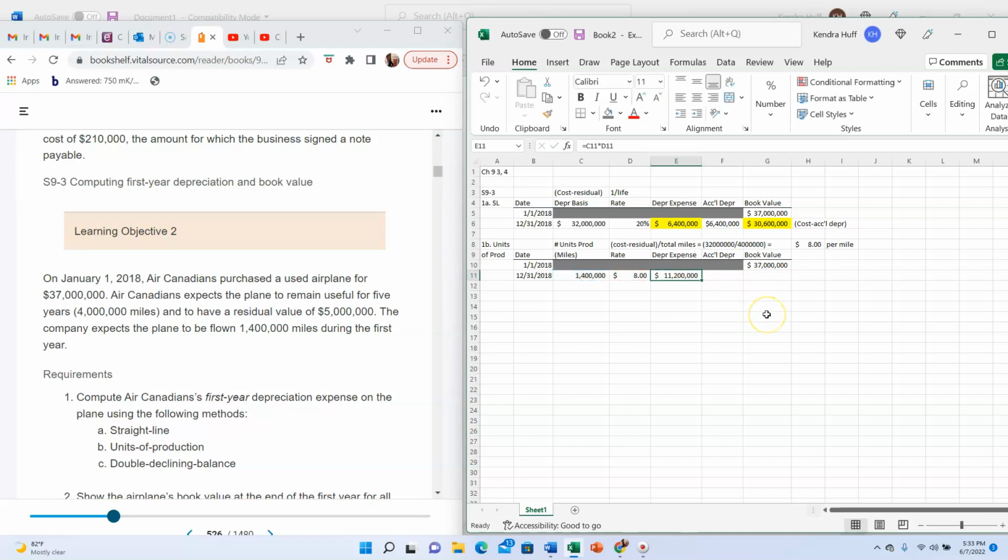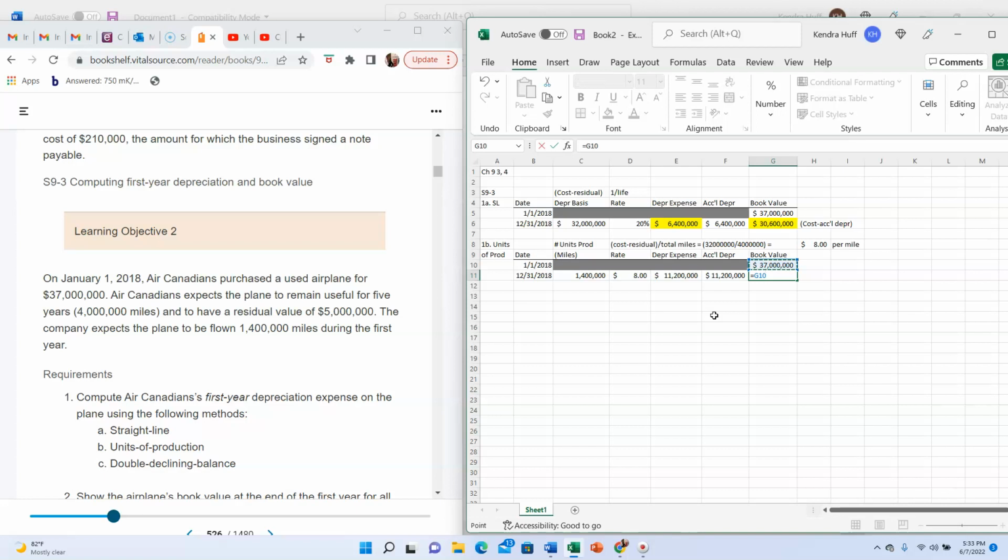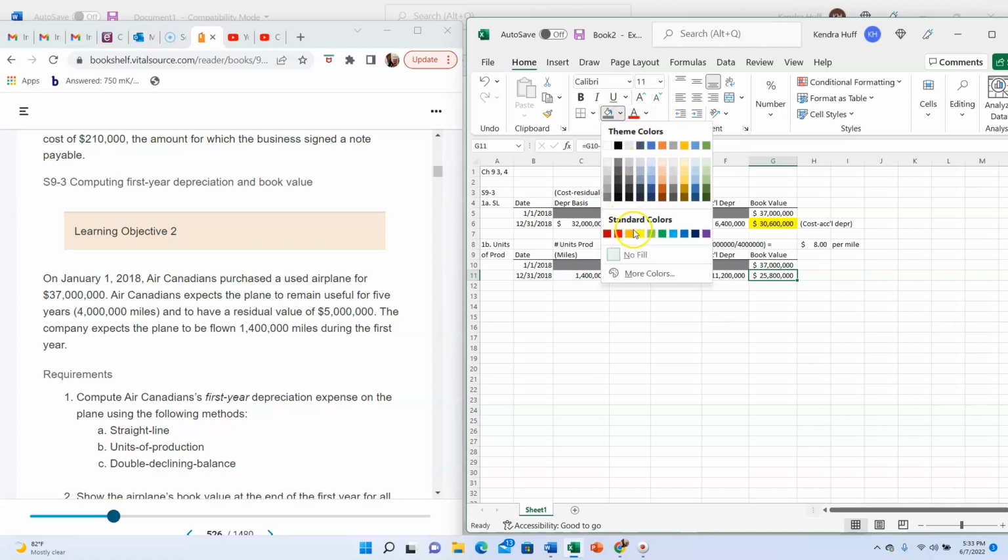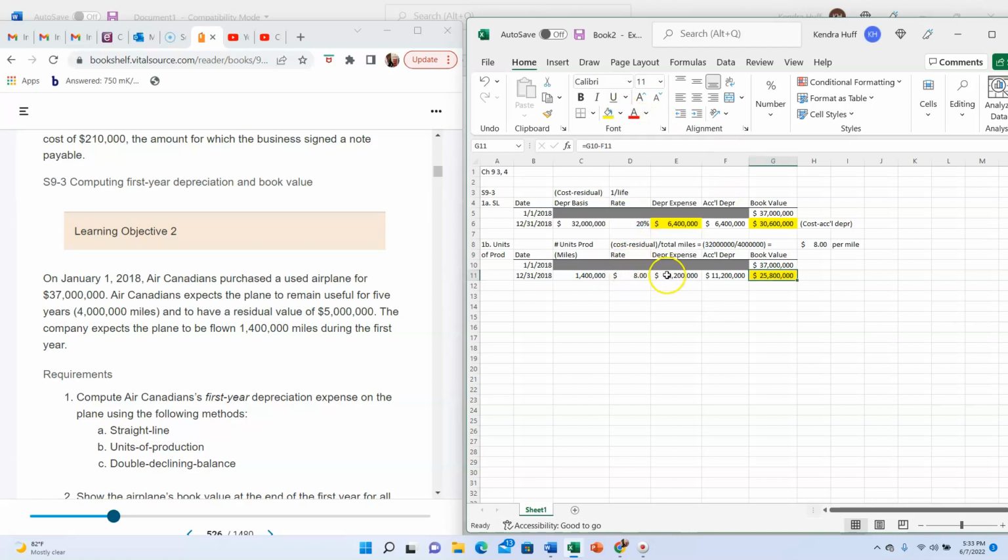That's depreciation the first year. Accumulated is just that first year because it's only been 1 year. And then just like above, it's the cost of 37 million minus accumulated. So here are our two answers.